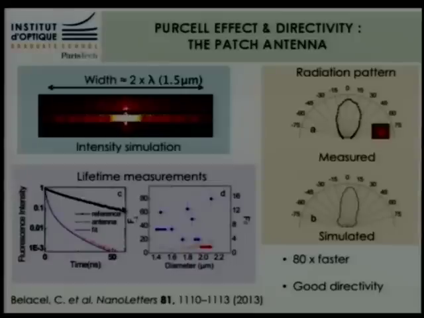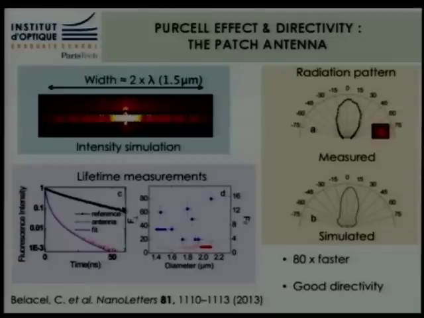So in collaboration with the Institut des Nanosciences de Paris and the Laboratoire de Photonique et Nanostructures, with Marquier and l'ESPCI, we were able to fabricate and characterize micron-sized patch antennas embedding small clusters of a few 50 quantum dots emitting at 630 nanometers. Numerical simulation of the electric intensity shows the standing wave that I was discussing before.